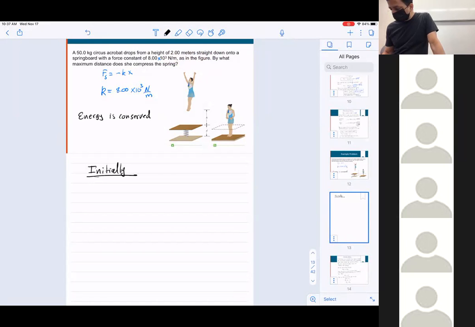So initially, here's the acrobat, which I'm going to draw as a square of some mass m. And then here, down below, is the spring, which is now relaxed. It is completely unstretched. So there's the spring like that. And then what happens in the final situation?